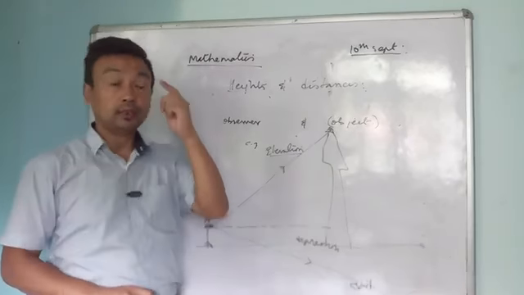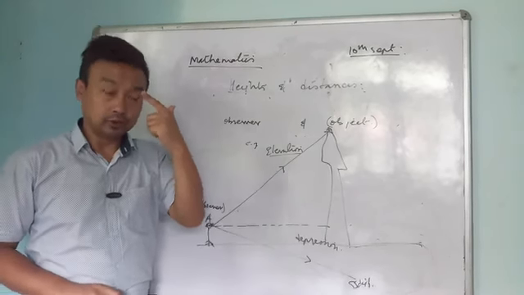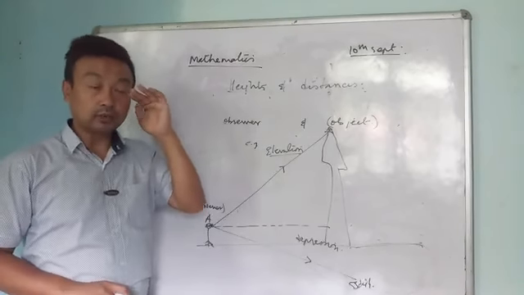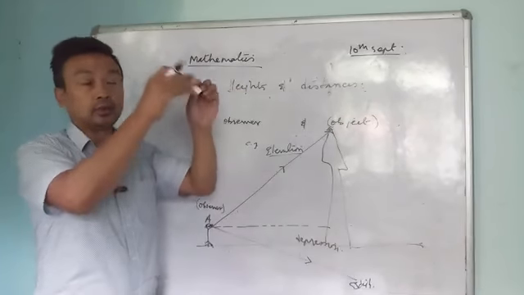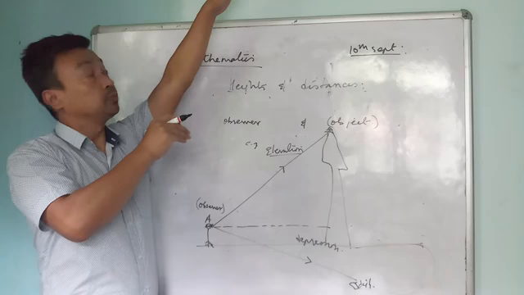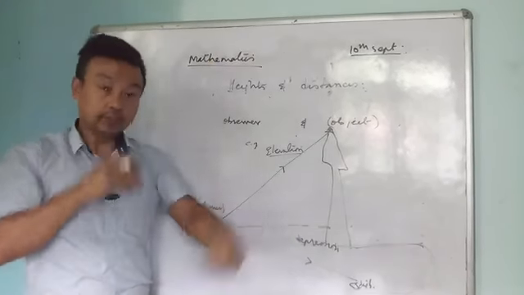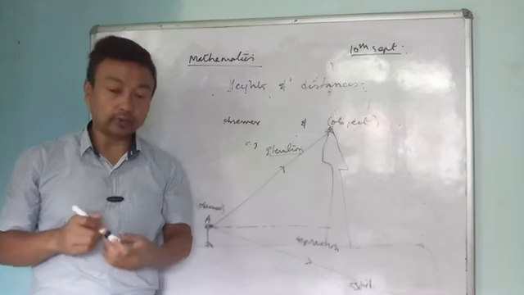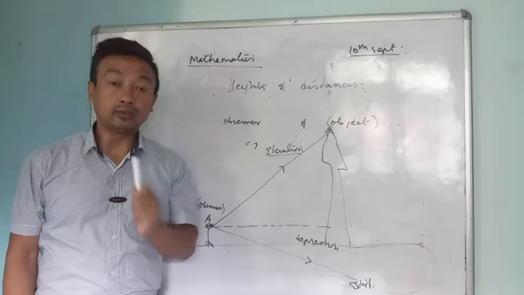If I take myself as the observer, my eye is the point of observation. From the eye comes first the horizontal line. With respect to that line, you see either up, that is elevation, or below, that is depression. So you have two angles, the angle of elevation and the angle of depression.